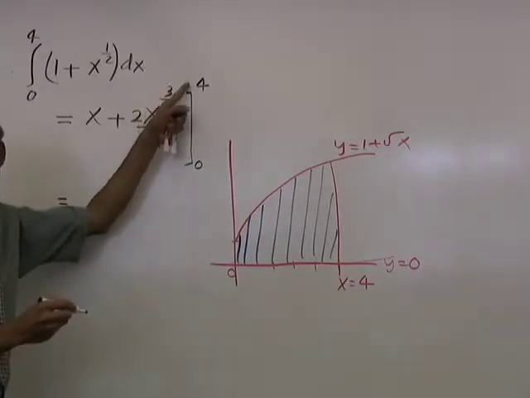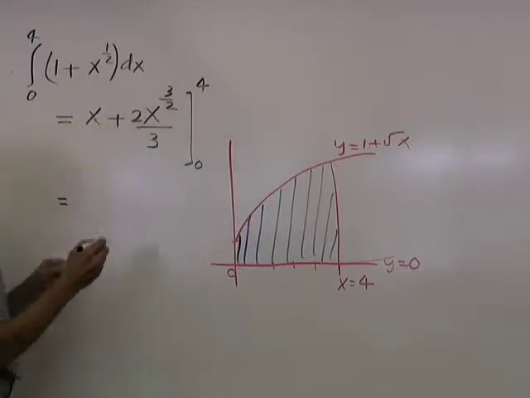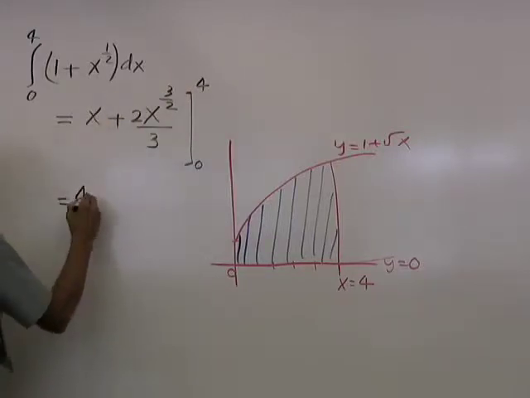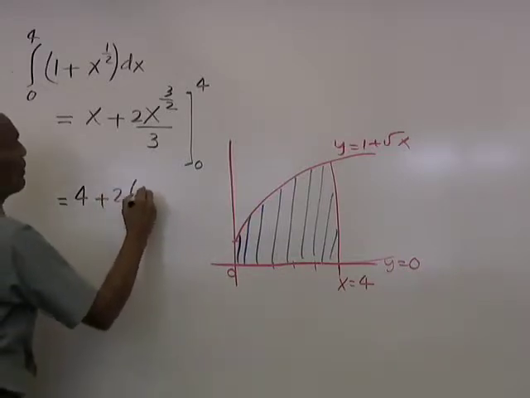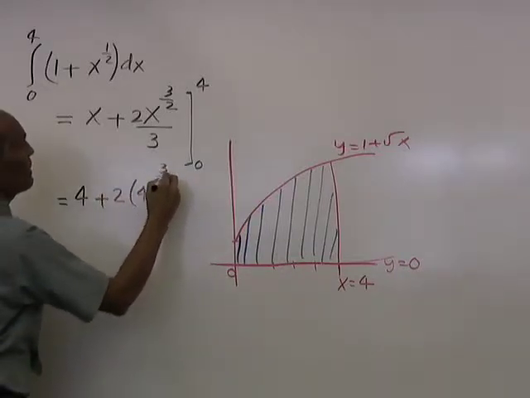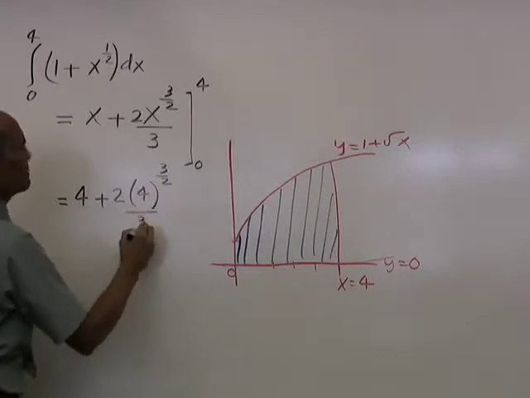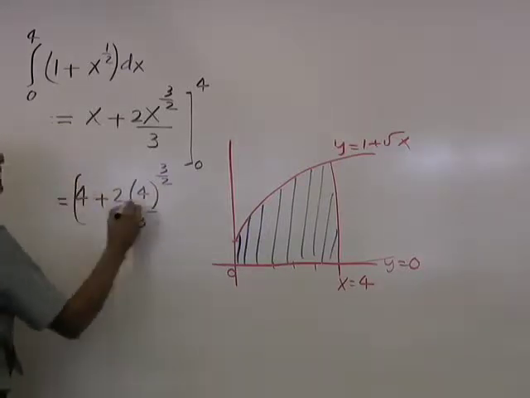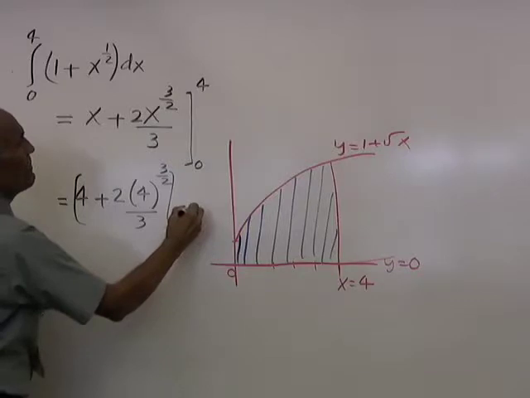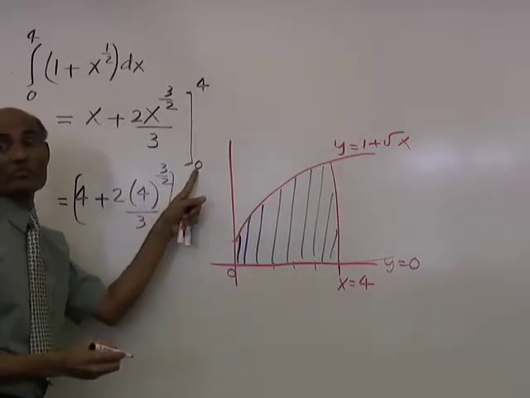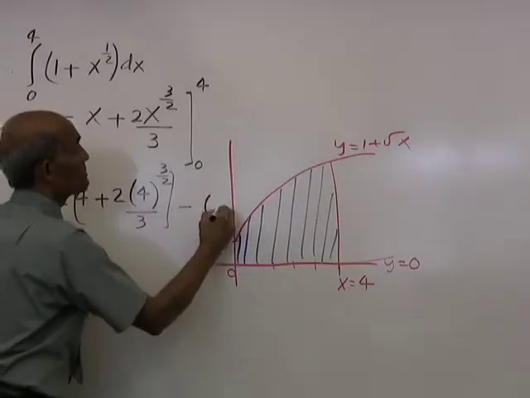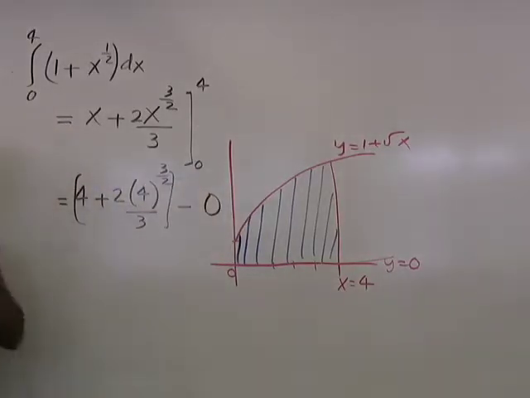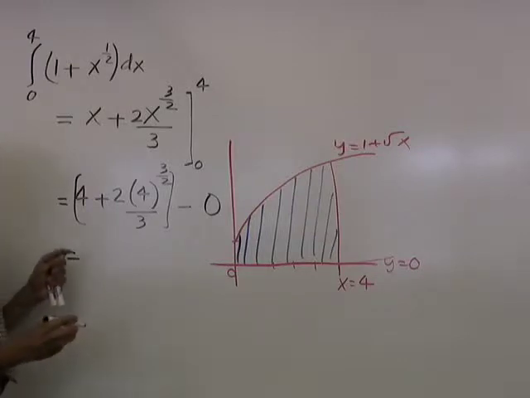First, replace x by 4. That will be 4 plus 2 times 4 to the power of 3 over 2 over 3. That is the upper limit minus the lower limit, which is 0. When you replace x by 0, both terms will be 0. So that will be simply 0. Alright, find that value.